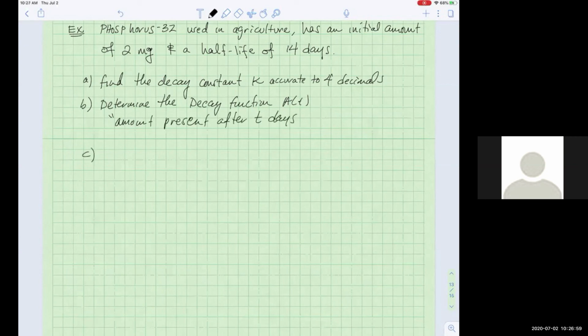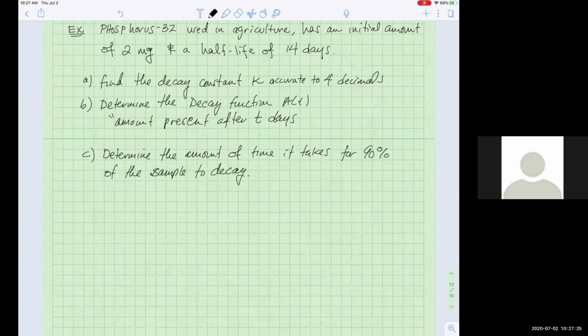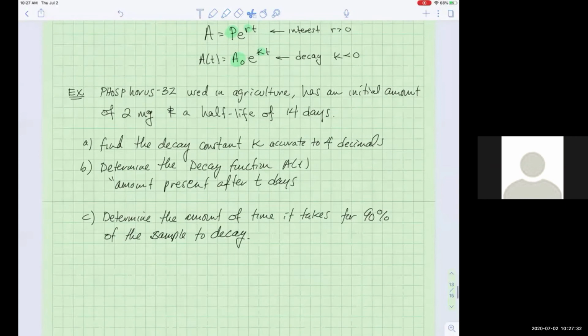And C, determine the amount of time it takes for 90% of the sample to decay. I'm going to actually move this down so it's all on one page. That way when I put it on a PDF later, it won't be so broken up.